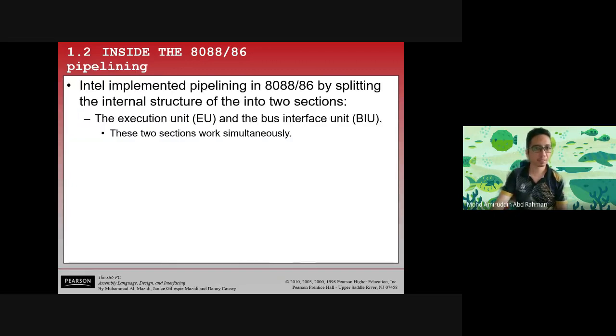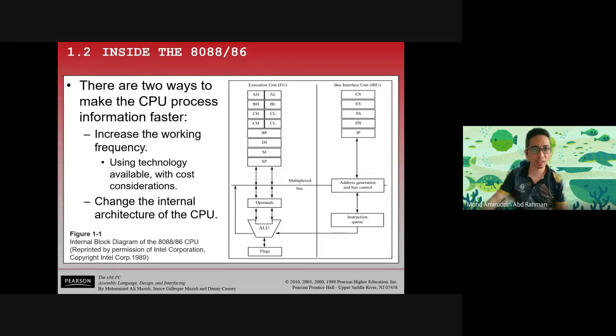All right. So in the 8086 processor or 8088, the internal structure is divided into two units. First, the execution unit, and next is the bus interface unit. These two sections work simultaneously. As you can see here, this is the execution unit, and this is the bus interface unit.